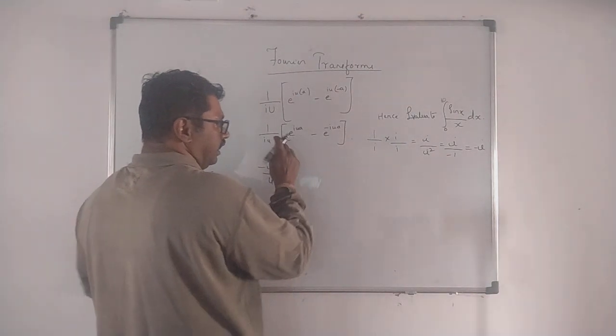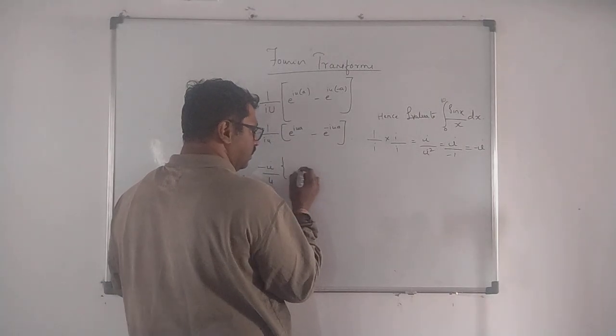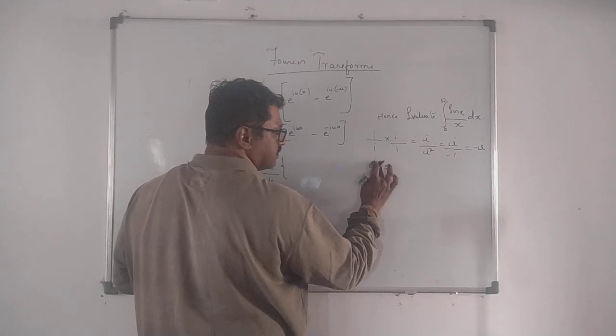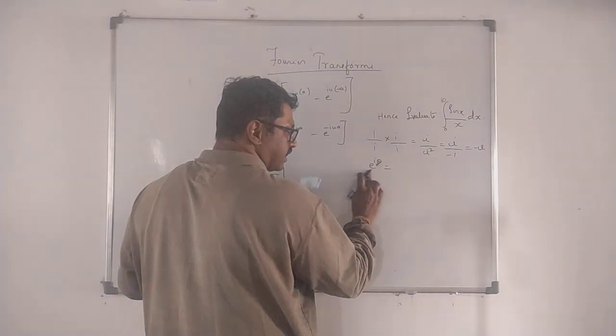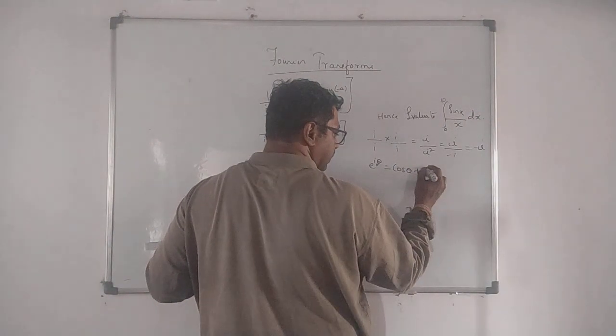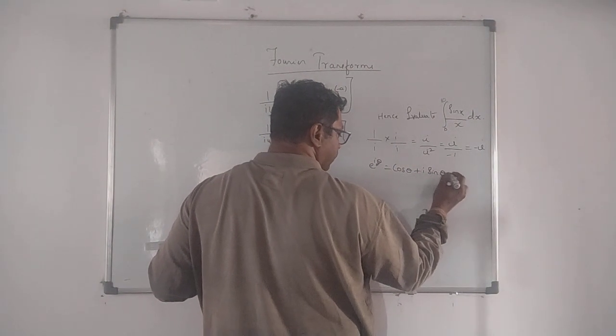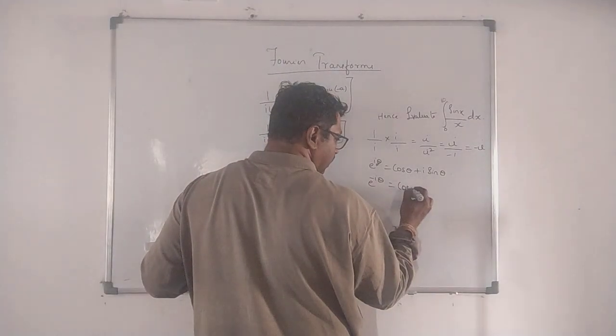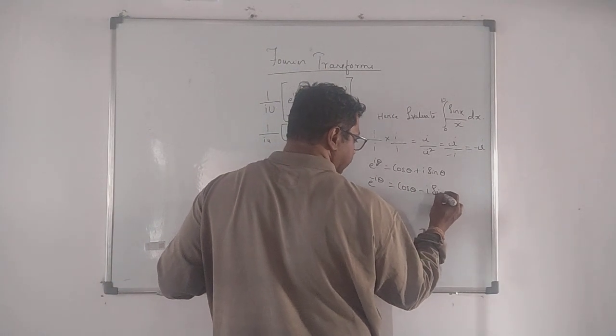Now e to the power of iua is the exponential form of a complex number. This is the exponential form of a complex number. e to the power of i theta is cos theta plus i sin theta, and e to the power of minus i theta is cos theta minus i sin theta.